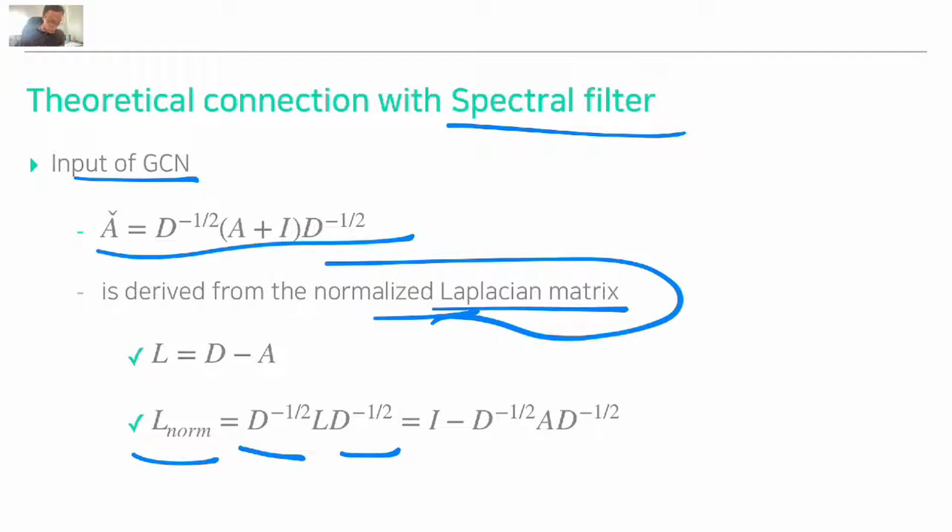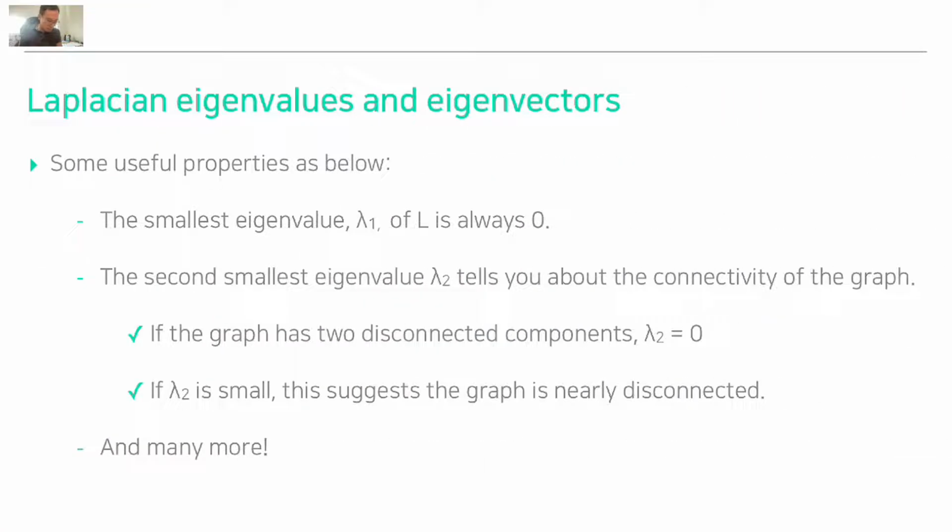Previous spectral methods on graph data used this normalized Laplacian for their downstream tasks such as clustering, node classification, and link prediction, because it has many useful properties.